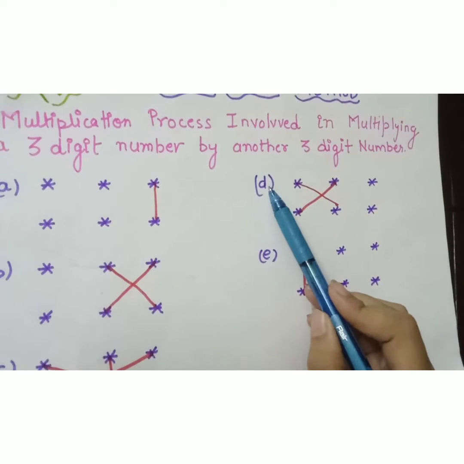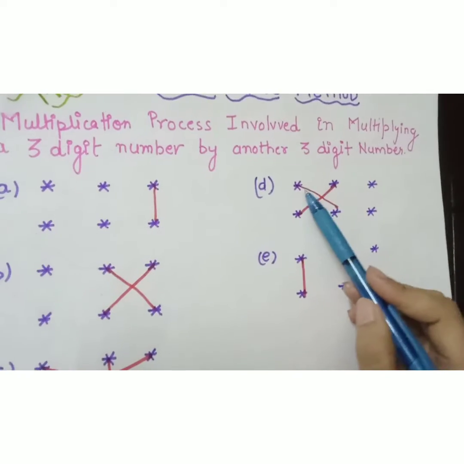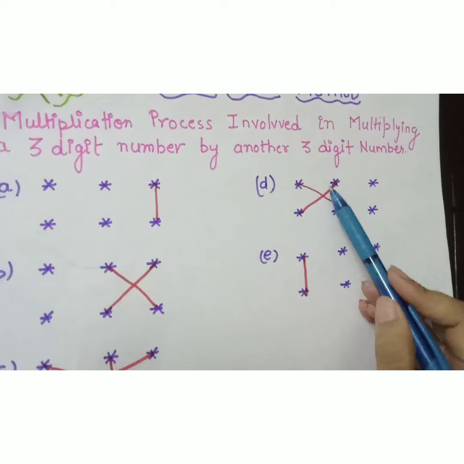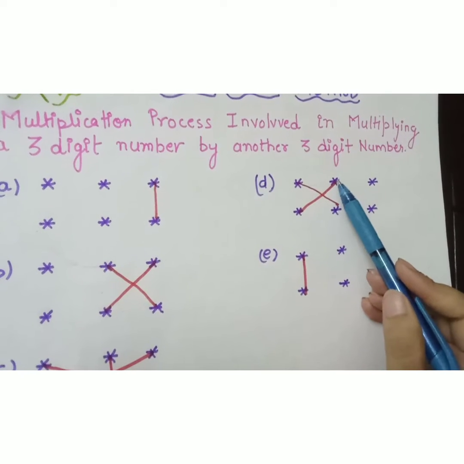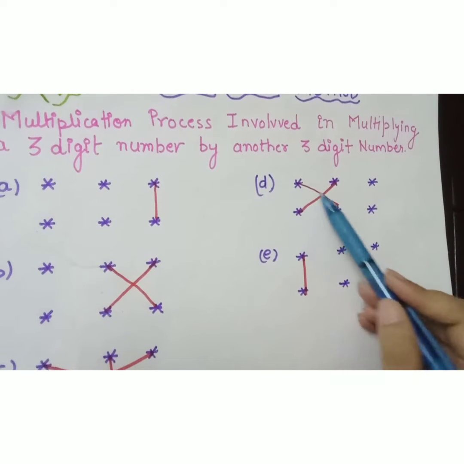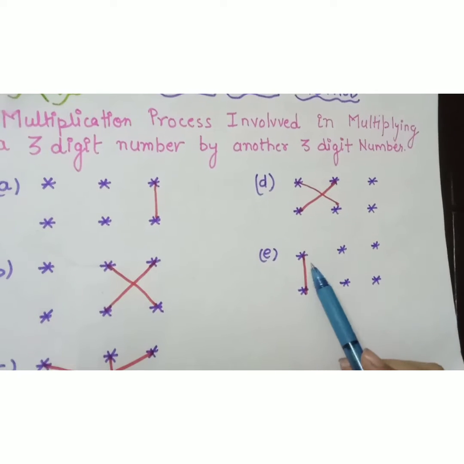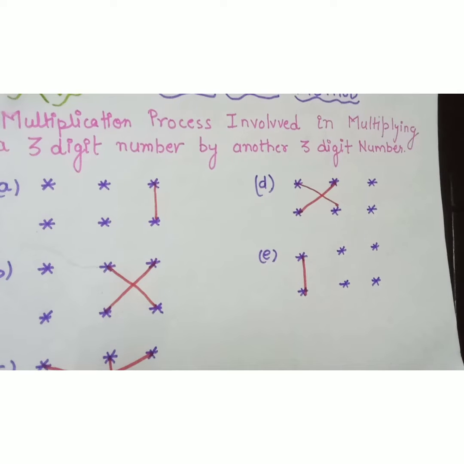In the fourth step, there is again the same 3-digit number, and on the left-hand side I have formed the cross. In the last step I have formed the I. With the help of examples you will be able to understand the concept very easily.